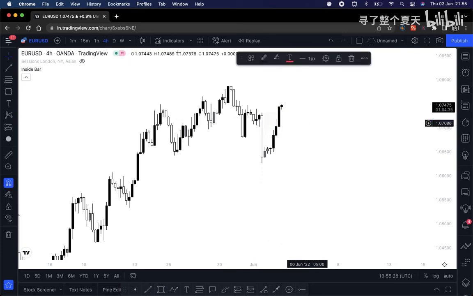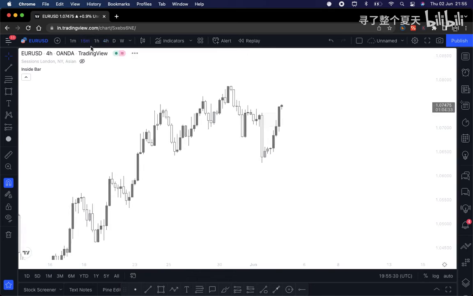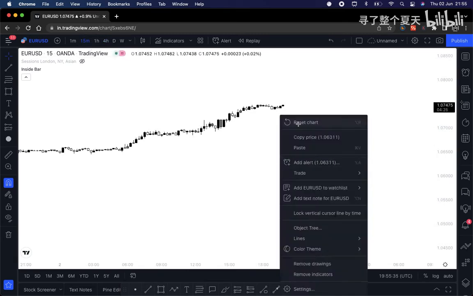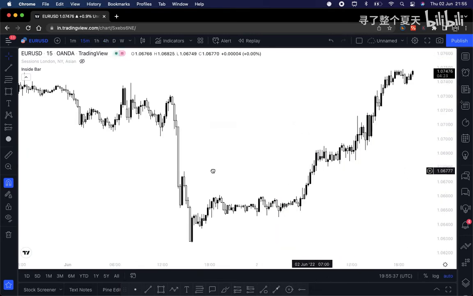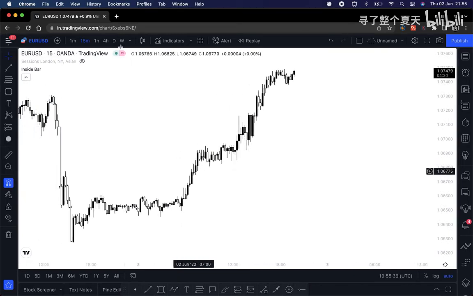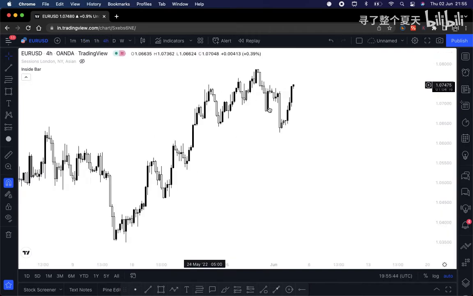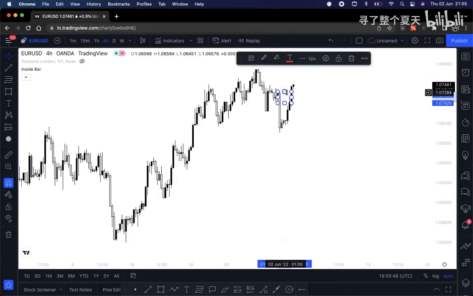But now when you look at the 15-minute time frame, as price is pushing into that 4-hour time frame point of interest, right? So what's happening here as price is pushing into that 4-hour time frame point of interest? Let me just do this so that it can be visible on the lower time frames.